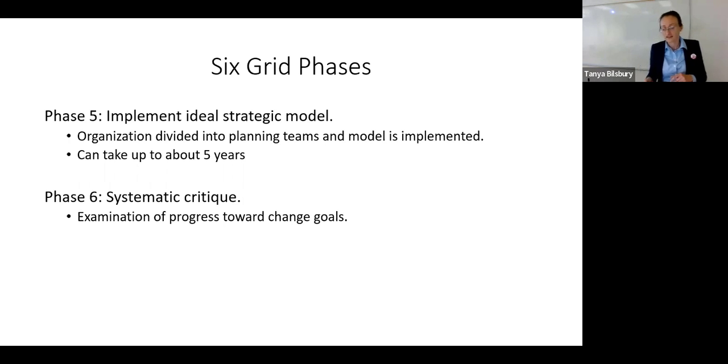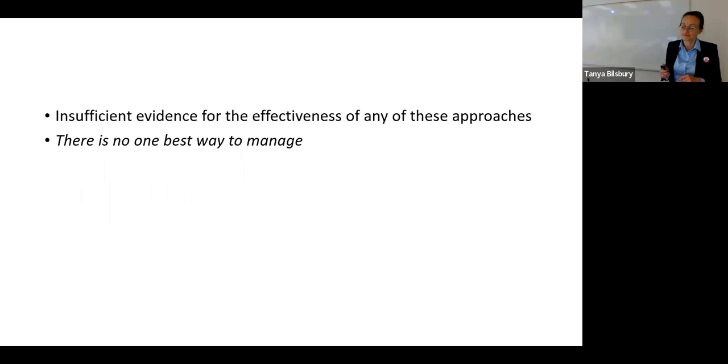Are we achieving our change goals? There is insufficient evidence for the effectiveness of any of these models. They're kind of management famous, so maybe you should know about them and you'll get something out of it. The chapter leaves you with the thought that there's no one best way to manage.